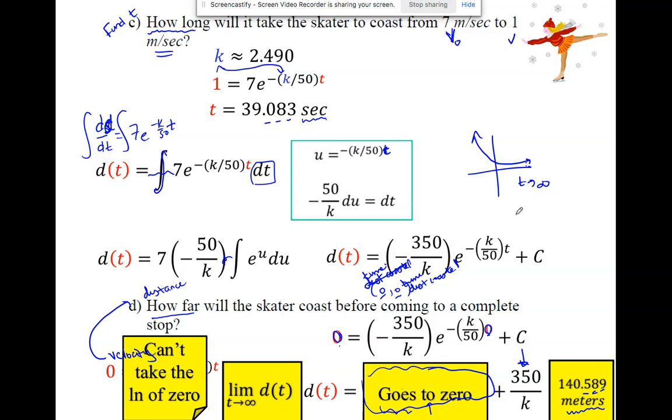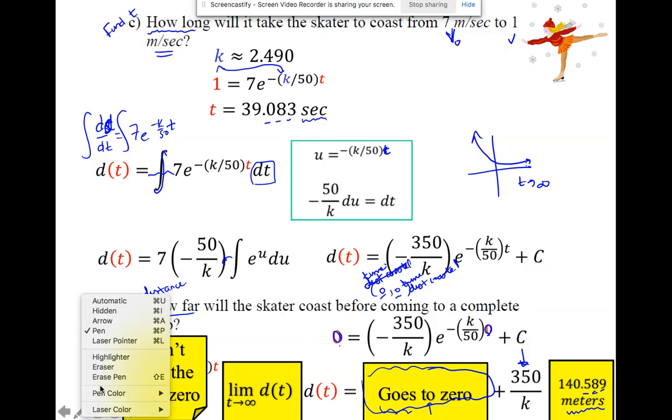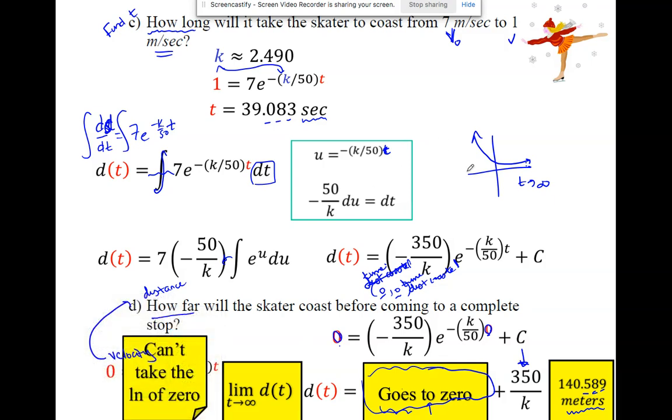The asymptotic behavior is at the horizontal asymptote, because that e to the negative graph had gotten shifted up by 140-ish units. Crazy, right?